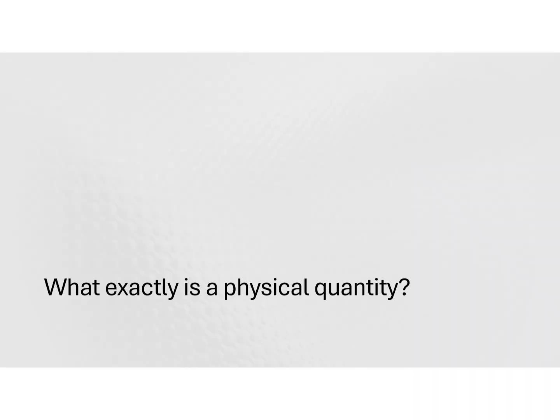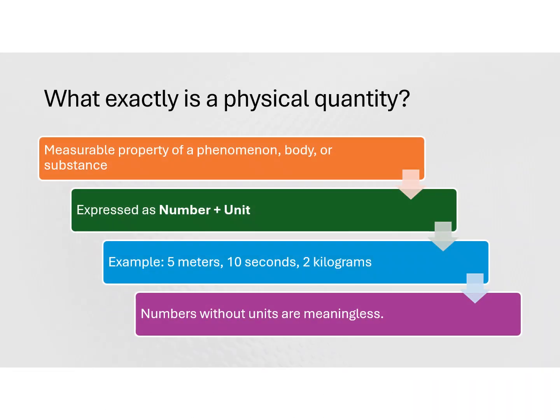So now let's see what physical quantities are. Measurable properties of a phenomenon, body, or substance are called physical quantities. And physical quantities consist of two different parts. One is the number of the physical quantity, and the other is the unit associated with that number.